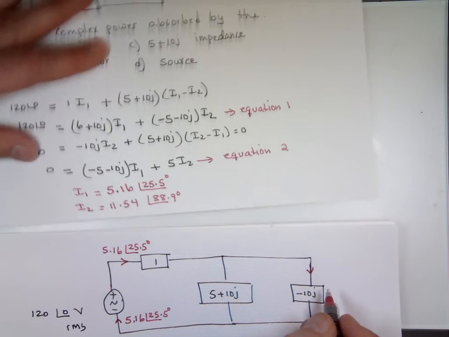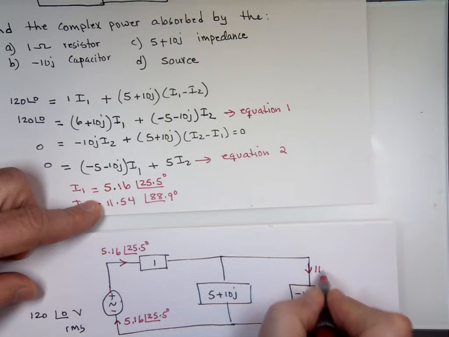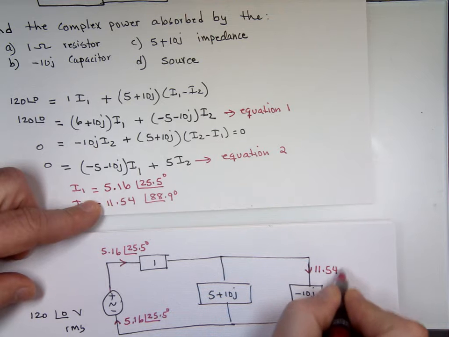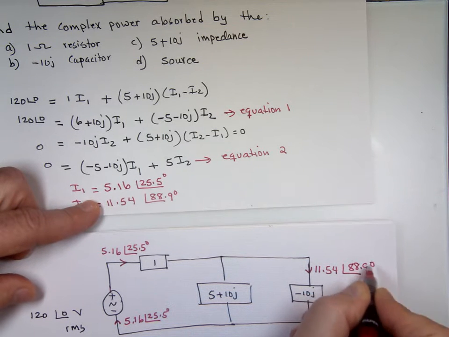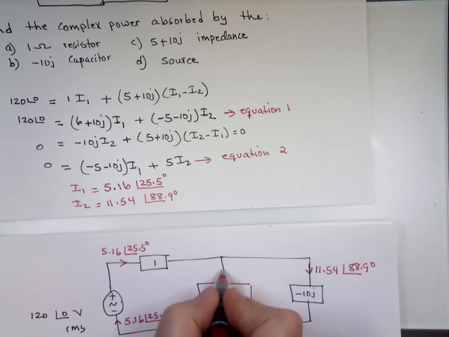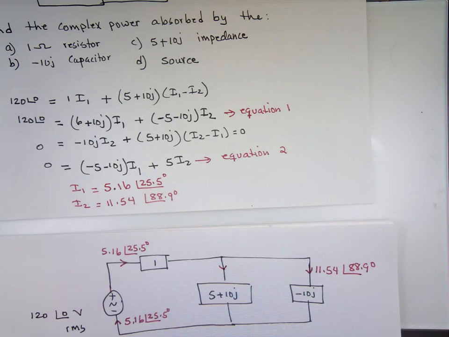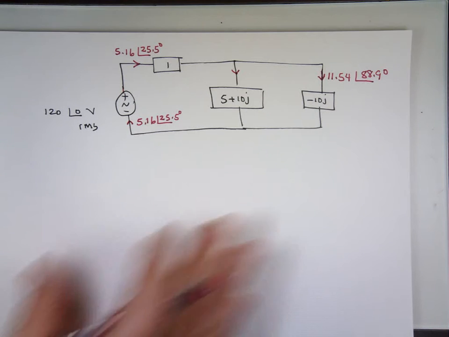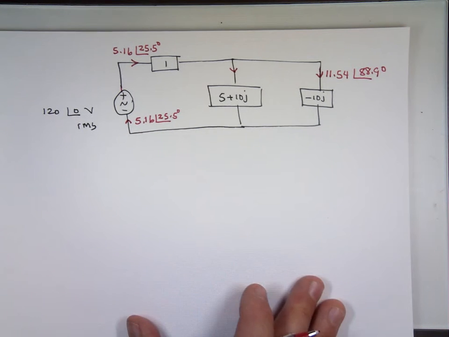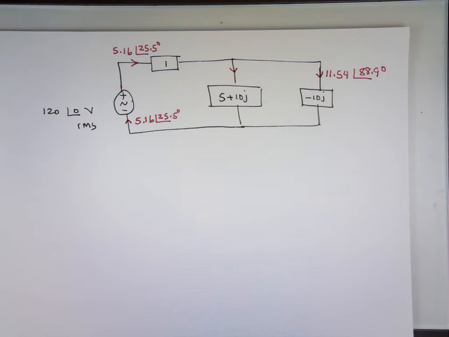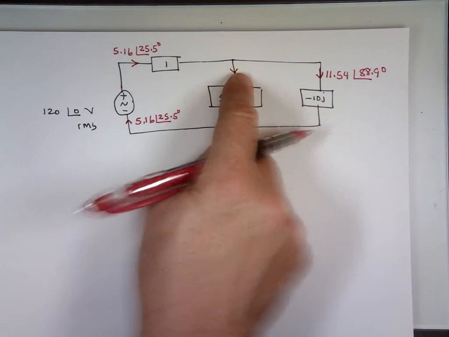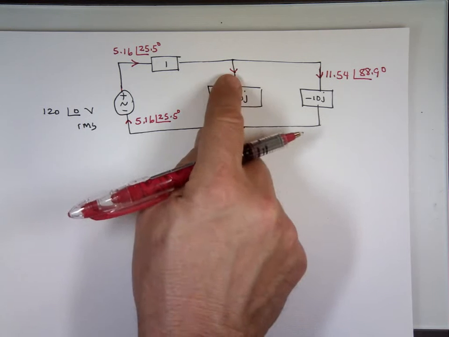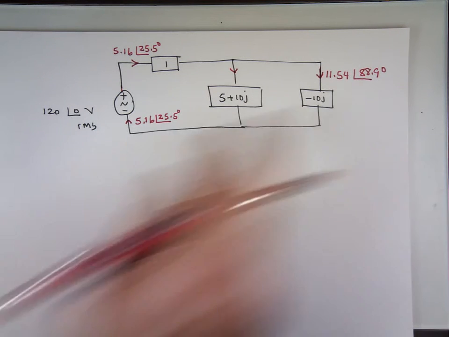This is I sub 2: 11.54 angle 88.9 degrees. Can we find what that current is right here? How do we find it? KCL. The current going in equals the current leaving. So this plus this equals that. So this one is going to be the current coming in minus that value.